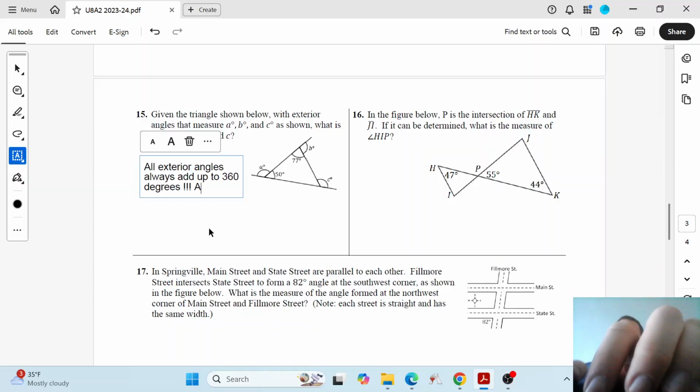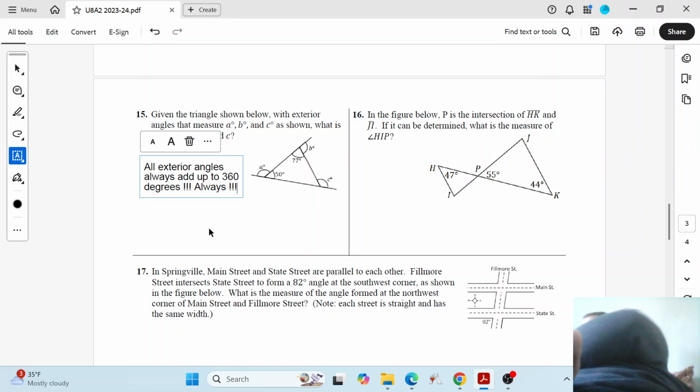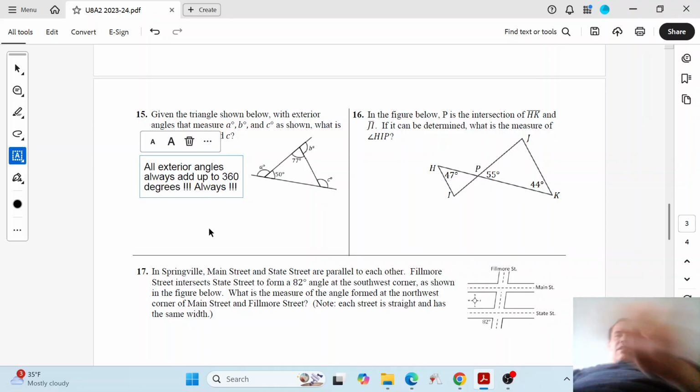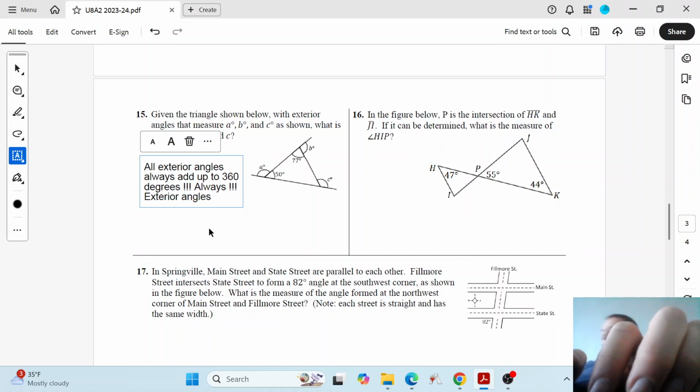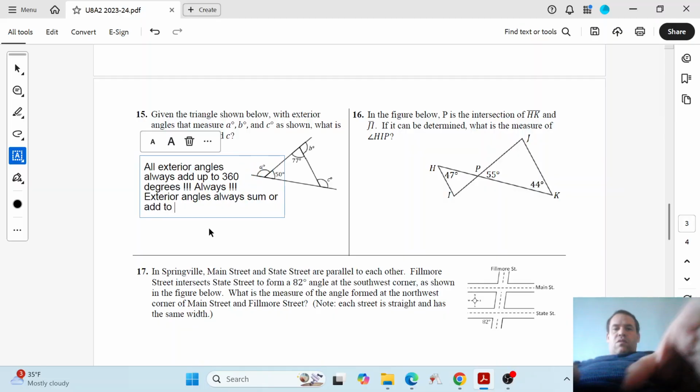Always. So that's important to know, that they add up to 360 degrees. Exterior angles always sum to 360. So exterior angles always sum or add to 360 degrees.